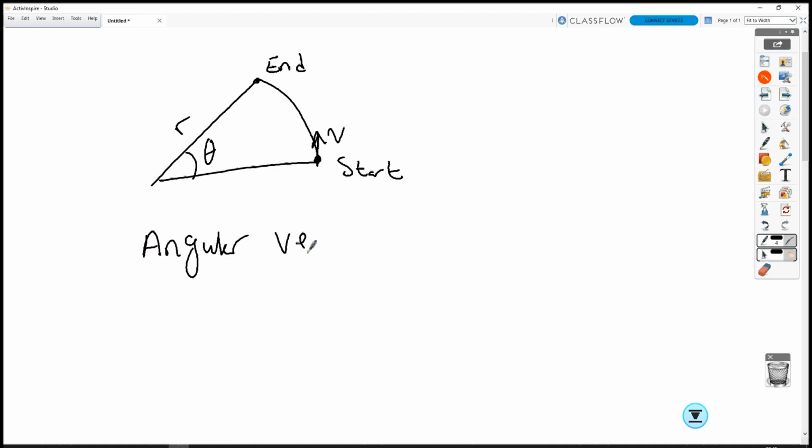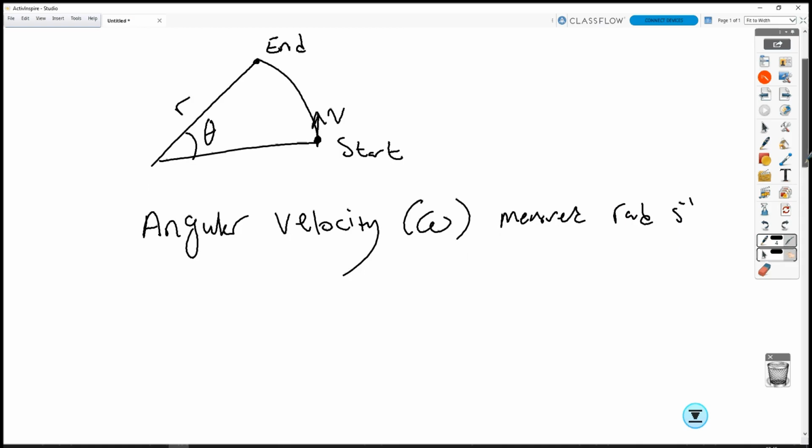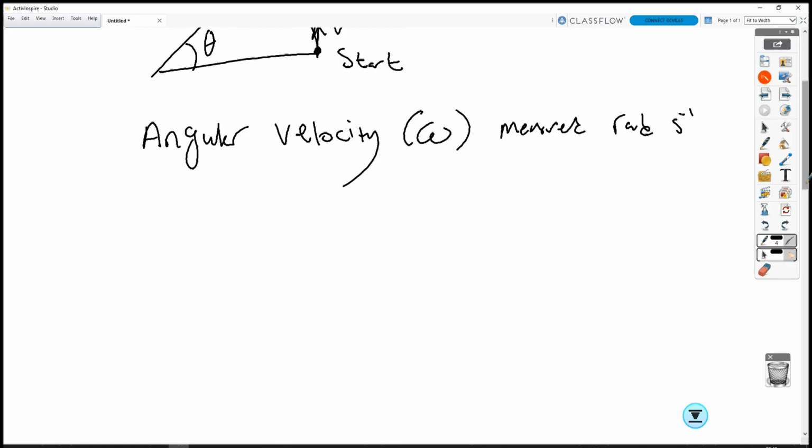So angular velocity, which we denote with the symbol lowercase omega, which looks like a curly W, measured in radians per second, is the rate of change of angle.